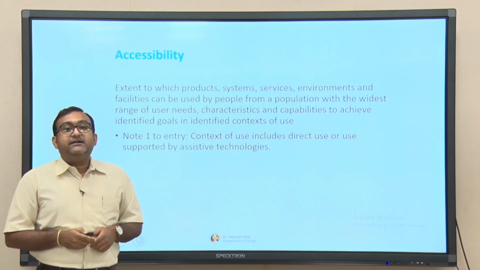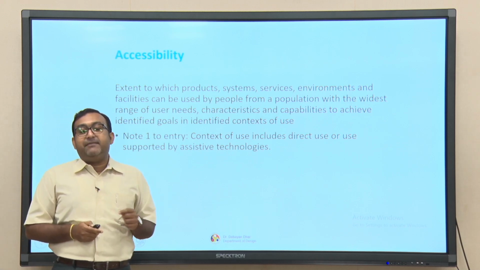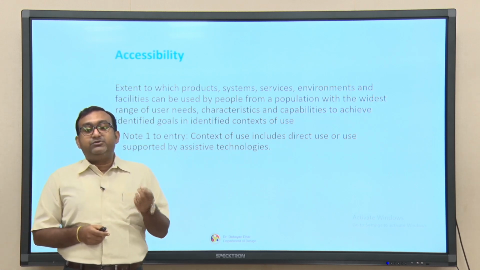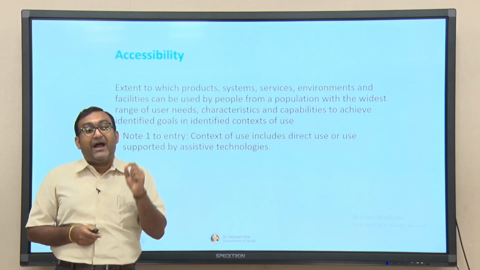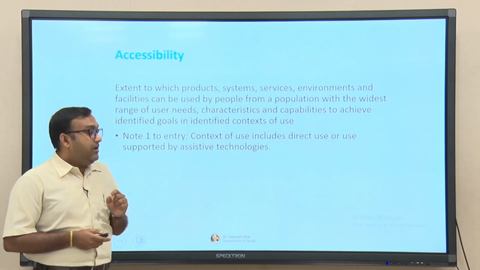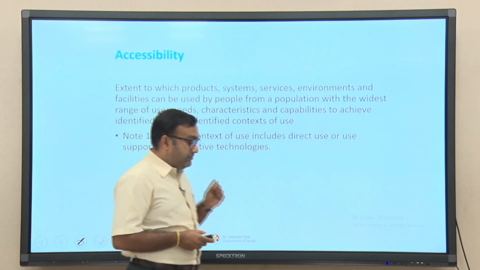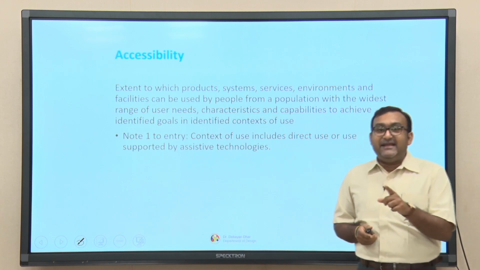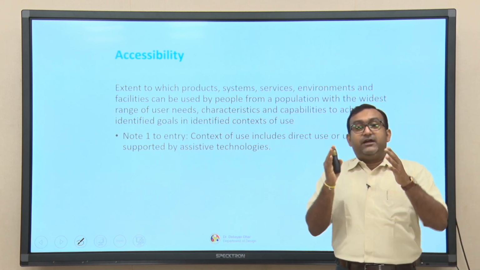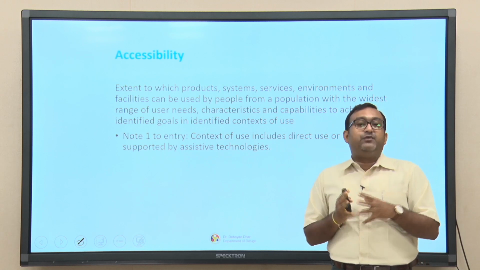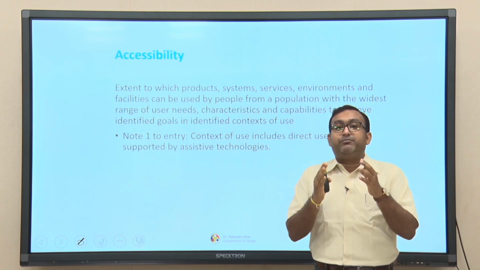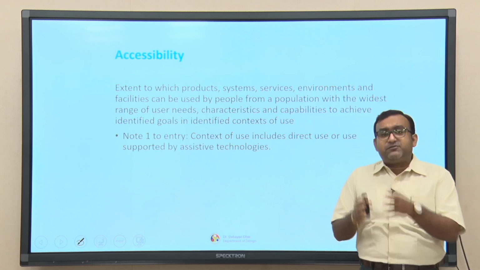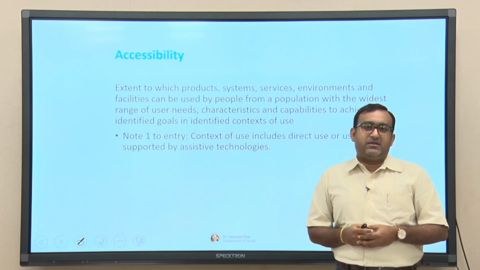If you closely examine the definition, you would realize it says facilities that can be used by people from a population with the widest range of user needs. This word widest range of user needs means what? It means that it must fulfill the requirements of people who have special requirements.